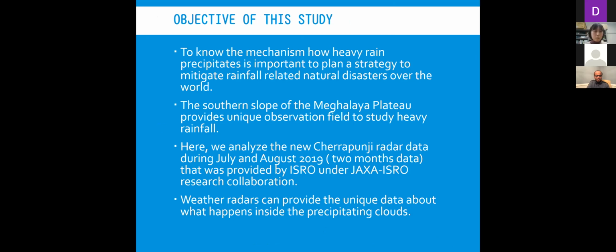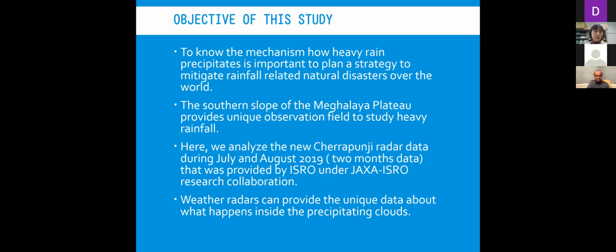This is the objective of this study: to know the mechanism of how heavy rain precipitates. It's important to plan a strategy to mitigate rainfall-related natural disasters over the world. The southern slope of the Meghalaya Plateau provides a unique observation field to study heavy rainfall.